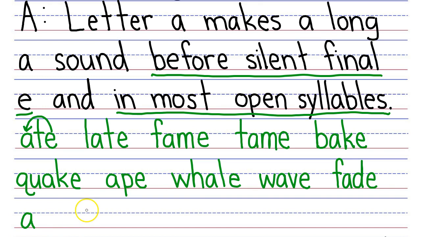But this also applies to other words, like baker. Here we've got the first syllable of a two-syllable word, B-A. I'm going to put a dash to show you that there's a syllable break, K-E-R.